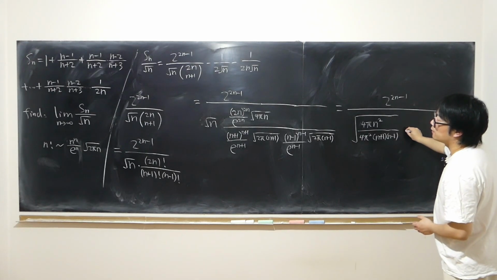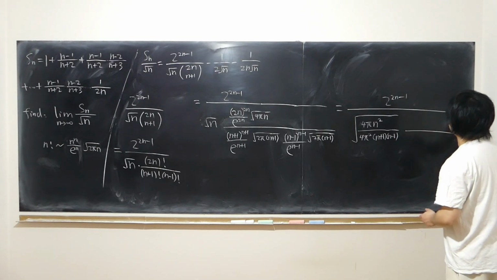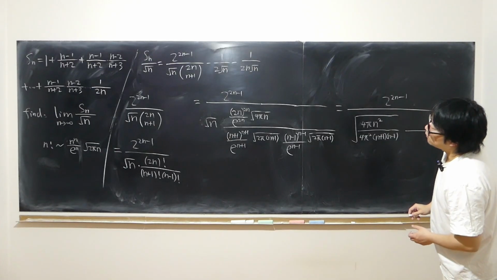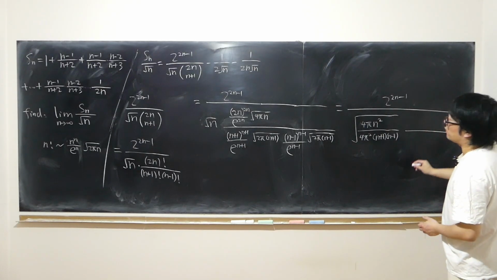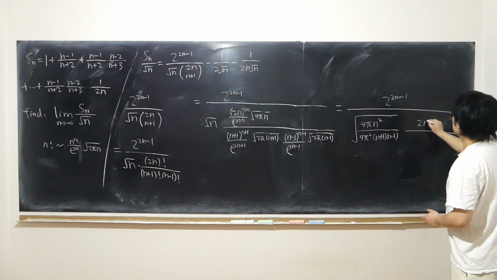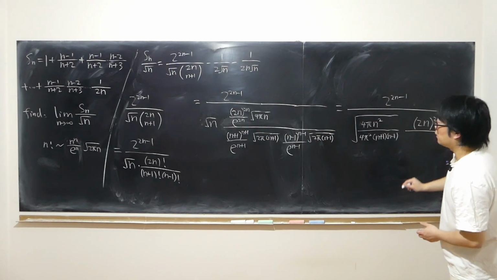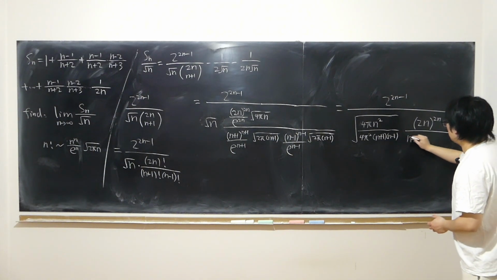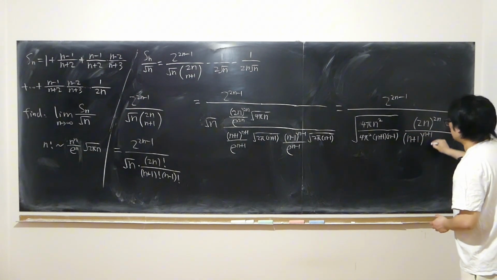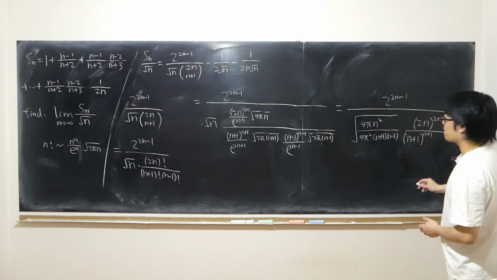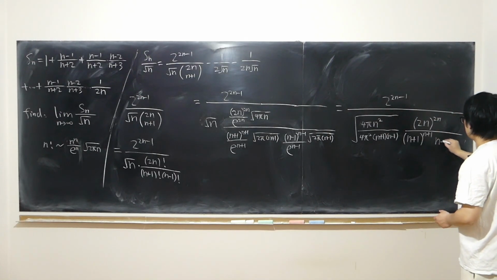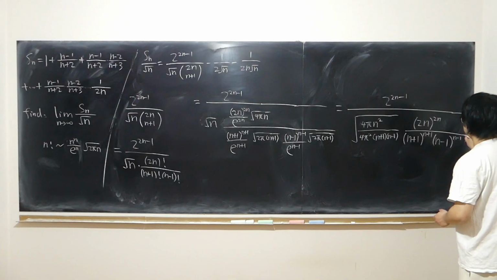All right, so what's the remaining? 2n to the 2n, n plus 1 to the n plus 1, n minus 1 to the n minus 1.